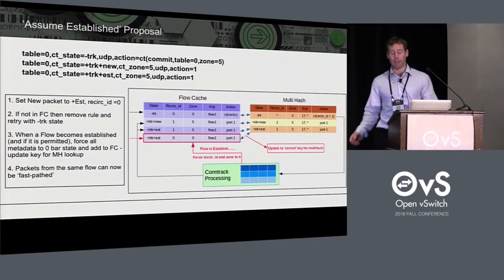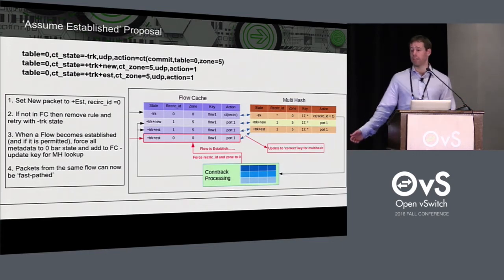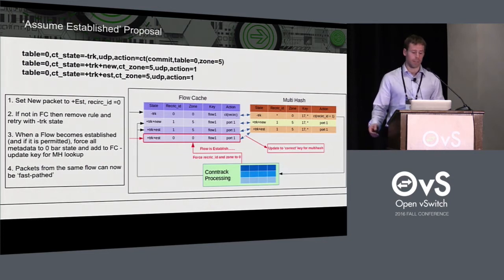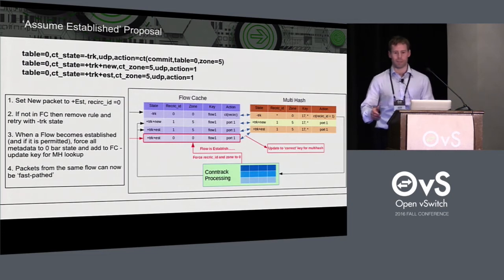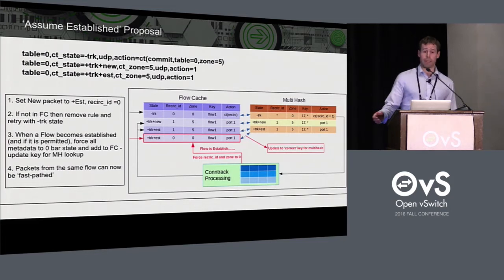So the idea being that we can never really have a situation other than this, where the recirculation ID is 0 and the state is established. If a packet has state, it kind of has to have been recirculated, so it can't have a recirculation ID of 0. And then basically any packet that comes into the system, we force its metadata to established plus established and a recirculation ID of 0, and we do a lookup in this flow cache.